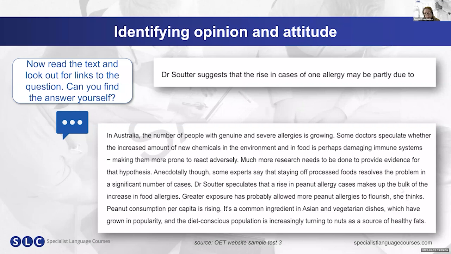Make sure you read the whole paragraph before. Okay, so some of you have found the rise. What is the allergy? Yes, it's the peanut allergy. And so now you need to find out, what does he suggest this is because of?